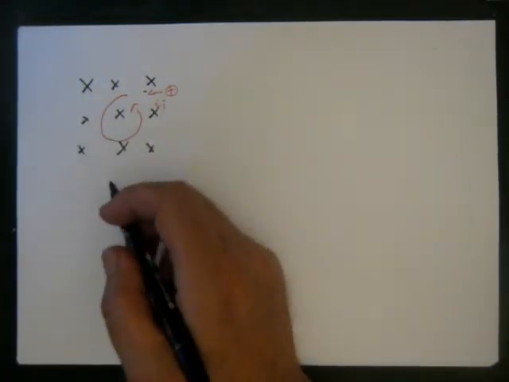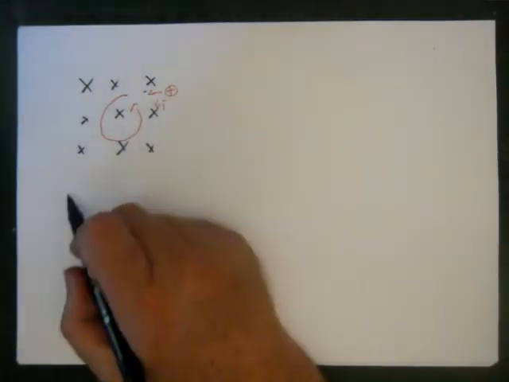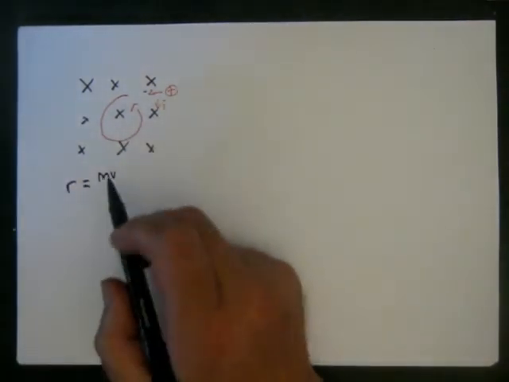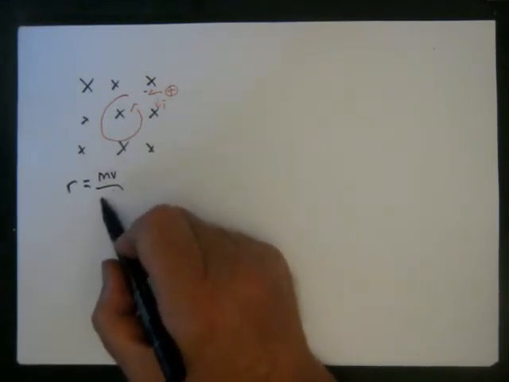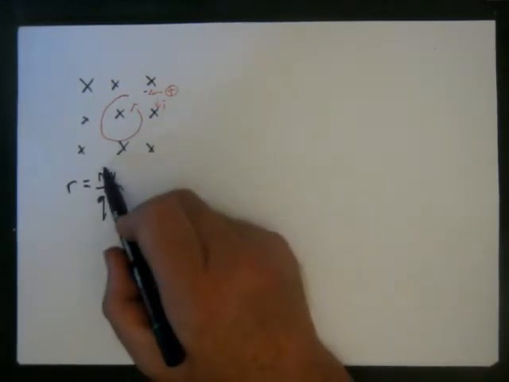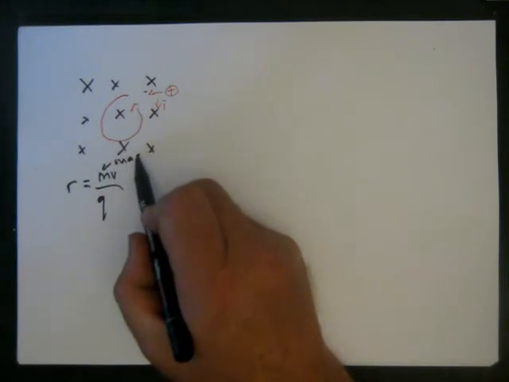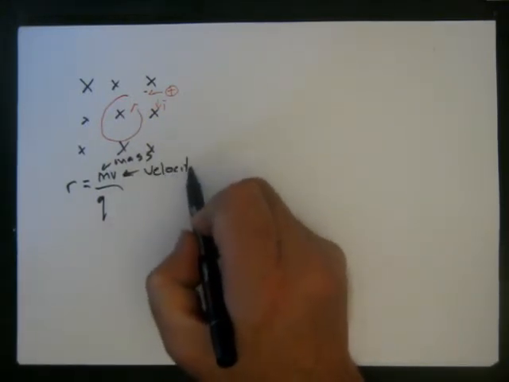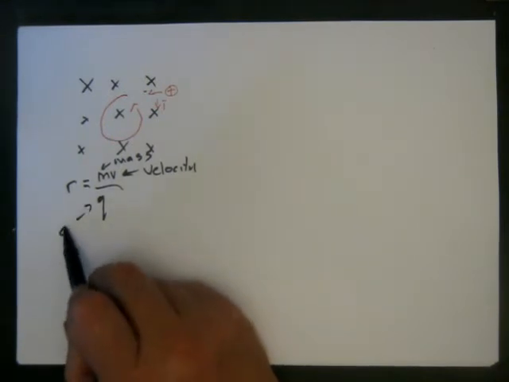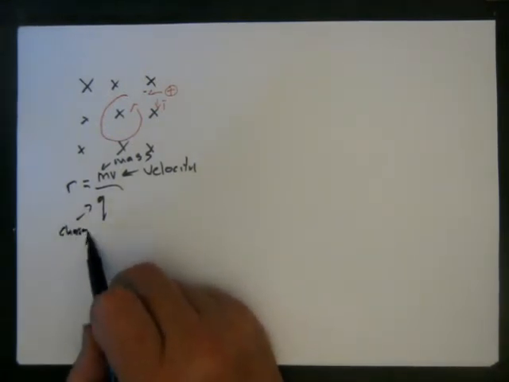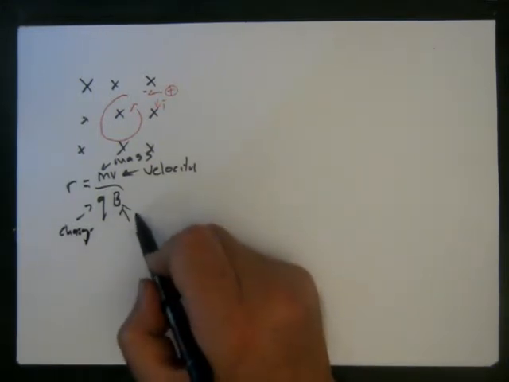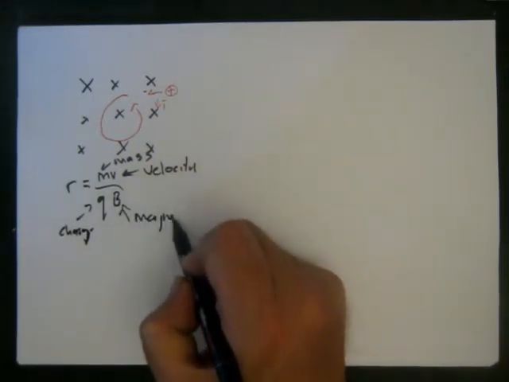So we can work out r, the radius, is equal to the mass times the velocity over q, the charge, times B. And if you want some real fun, you can work that out for yourself.